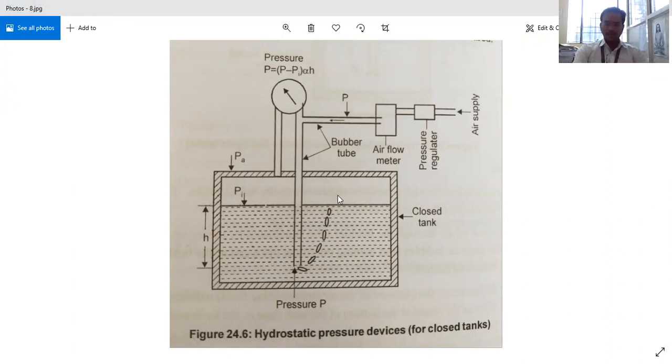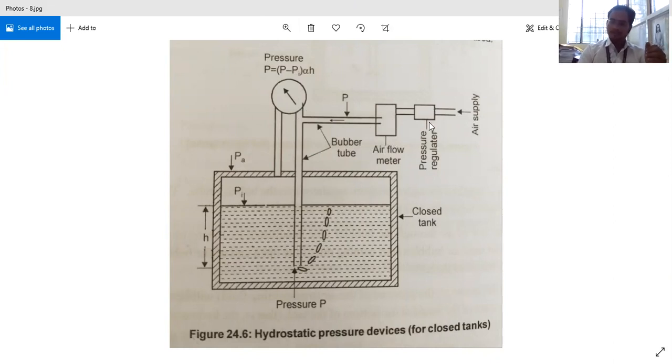The differential pressure exerted at this point is determined in this differential pressure gauge, and it is proportional to the head in the tank. For that, we are having a separate air bubbler setup.